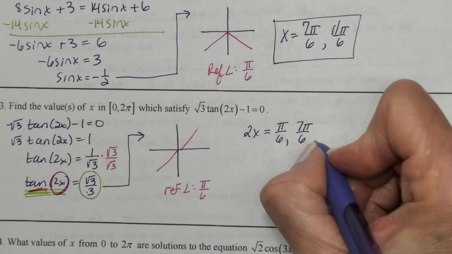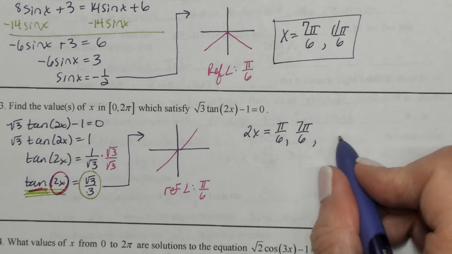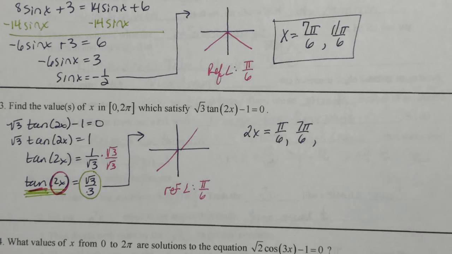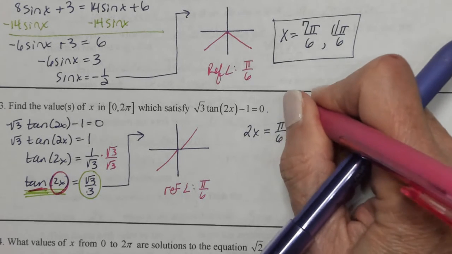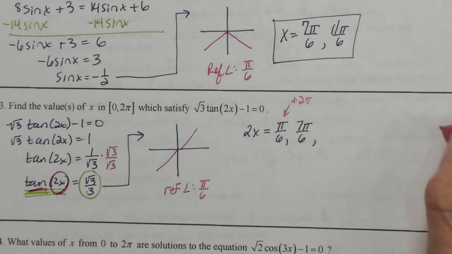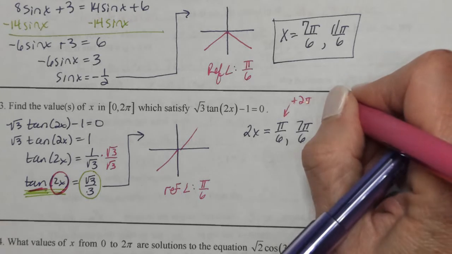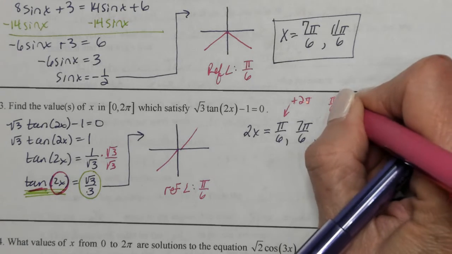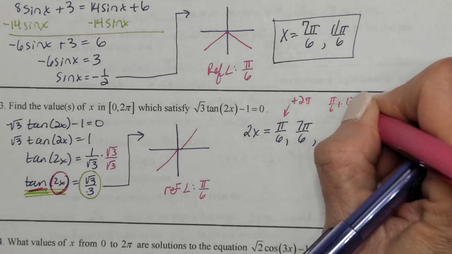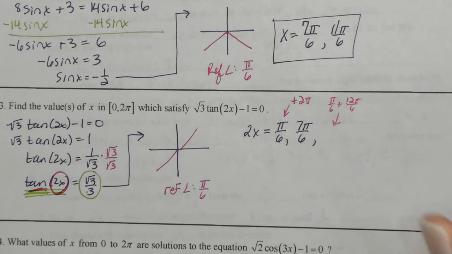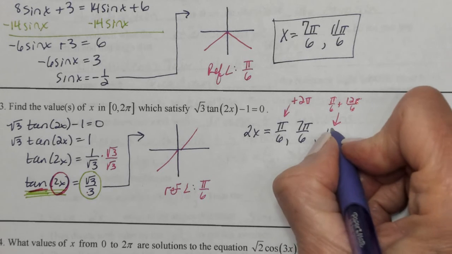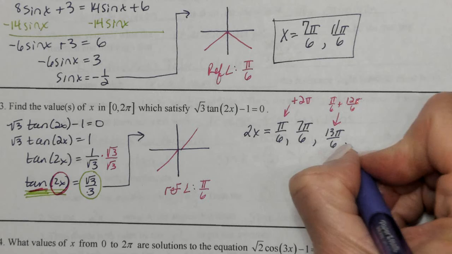It's very easy. All you have to do is put 2 more values here. Take this one and add 2 pi in the form of 12 pi over 6. So we're going to have pi over 6 plus 12 pi over 6, and that will give me this next value here, 13 pi over 6.